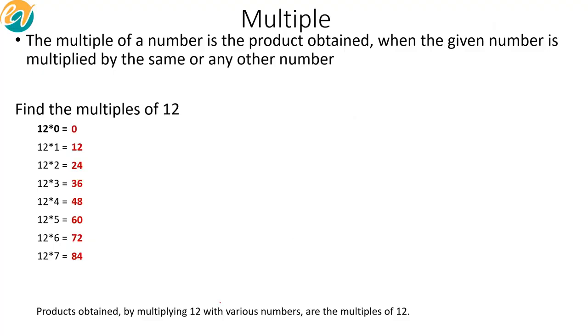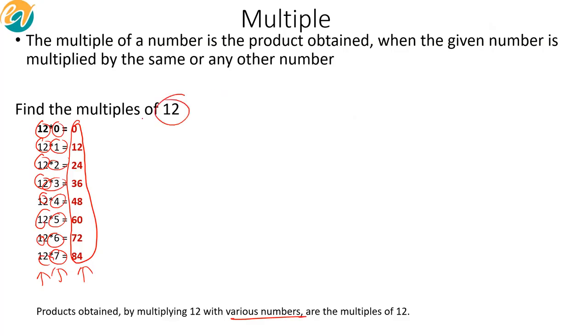So the products obtained by multiplying 12 with various numbers give you the multiples of 12. That's how you get the entire multiple list of a number.